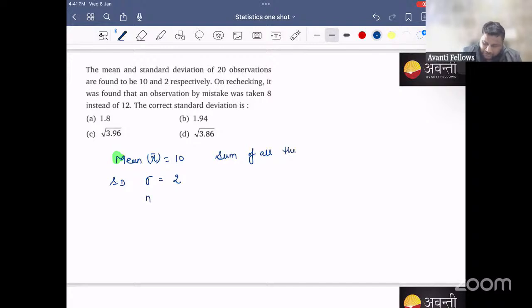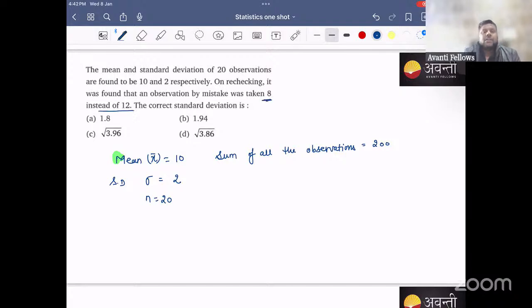Number of observations is 20, so the sum of all the observations is 200.